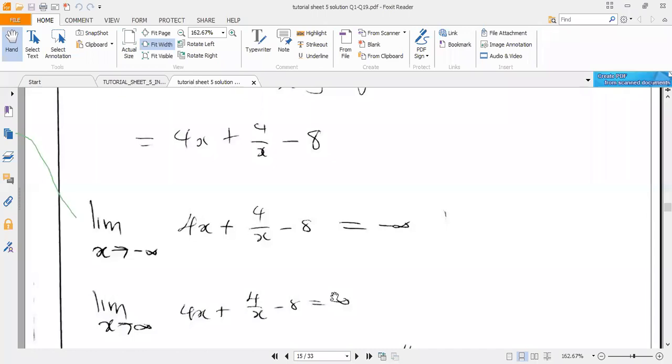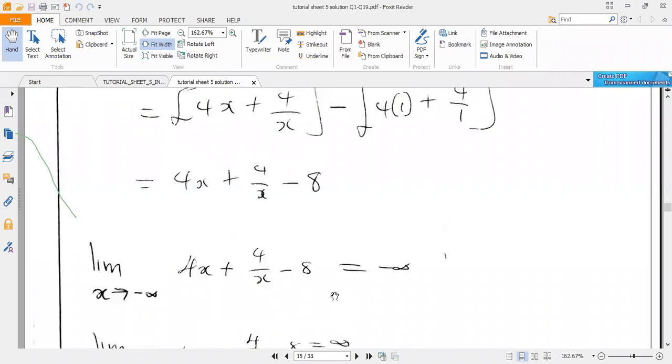Hope it's clear on that one. It's giving negative infinity.